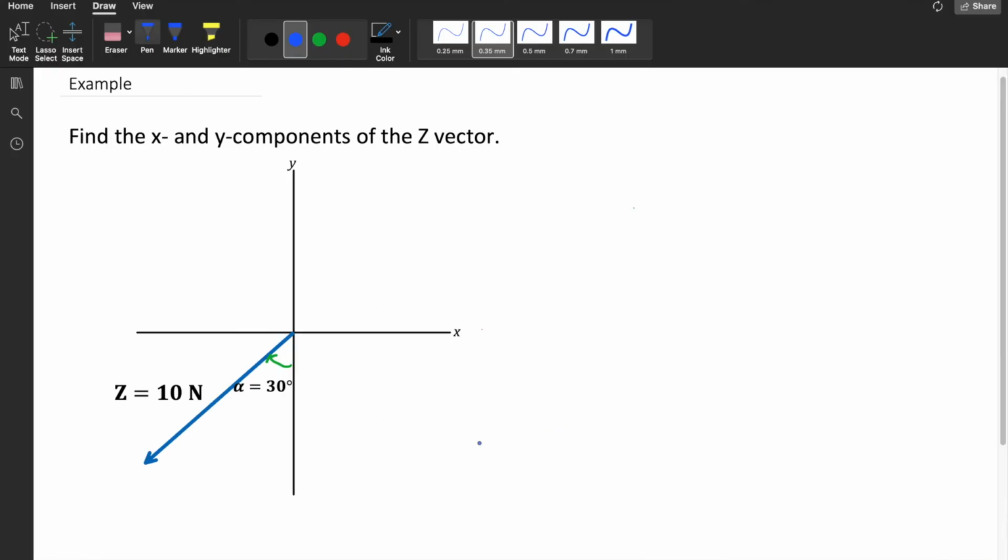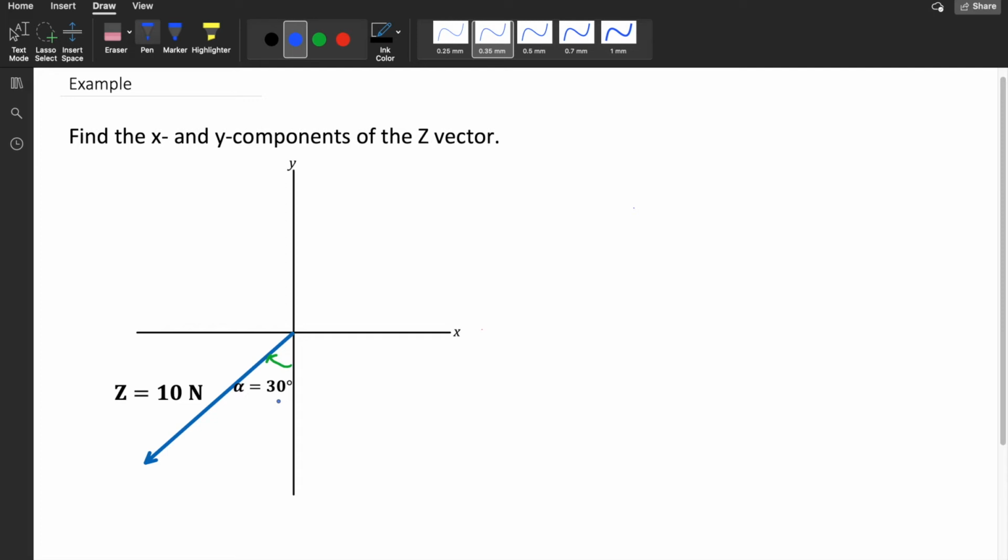Here let's try to apply the things that we've learned earlier, in such a way that it has numerical values. Find the x and y components of the Z vector having a magnitude of 10 newtons and a direction of 30 degrees. To attack this problem, look at the angle.